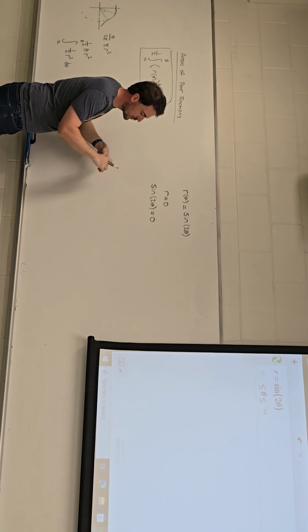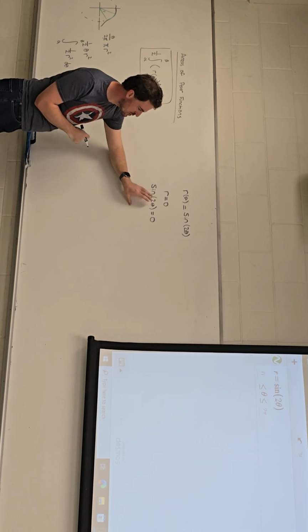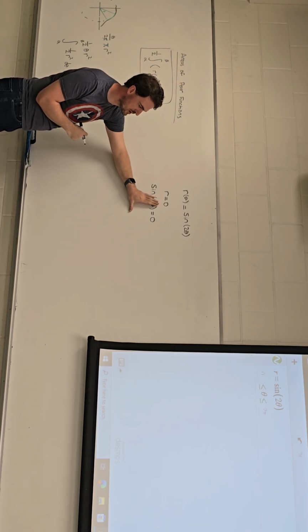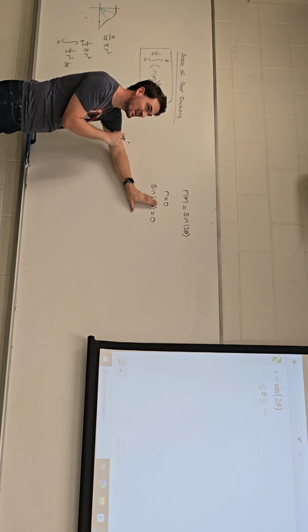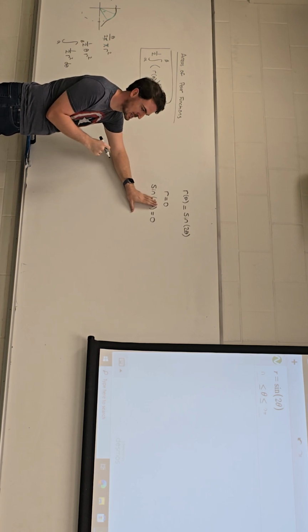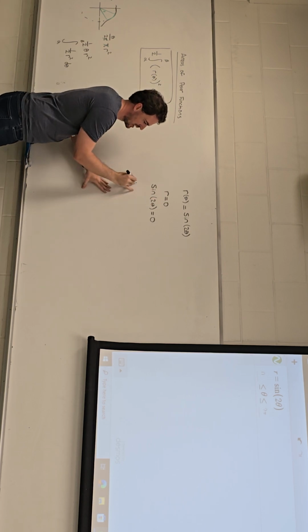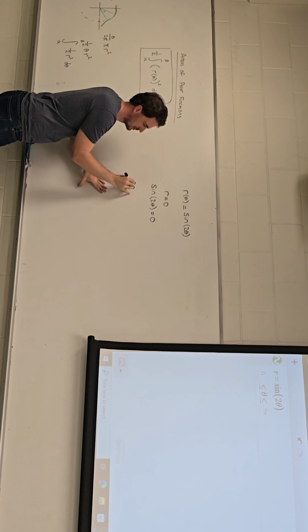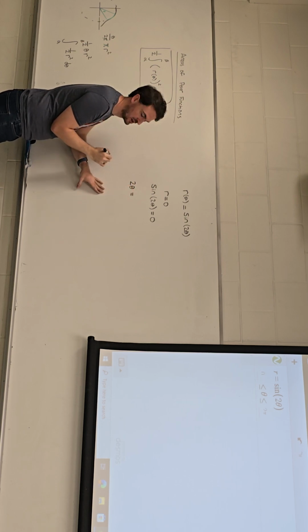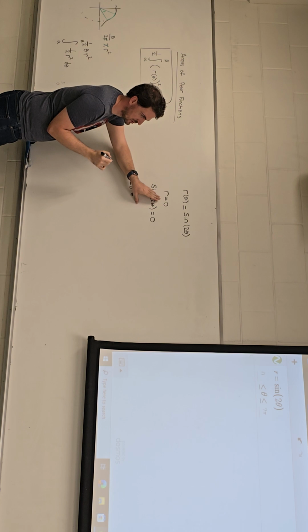If I want to solve for where sine of 2 theta equals 0, kind of covering that up for a second, where does the sine equal 0? Pi, negative pi, and 0.